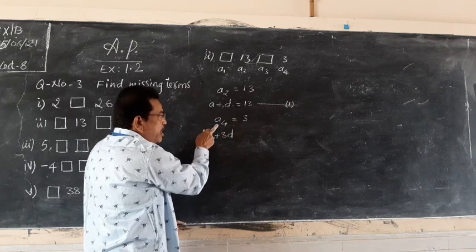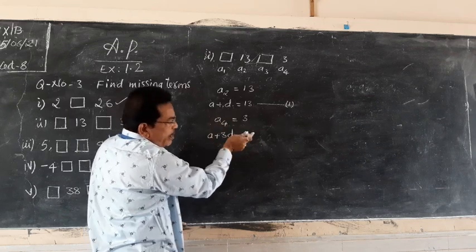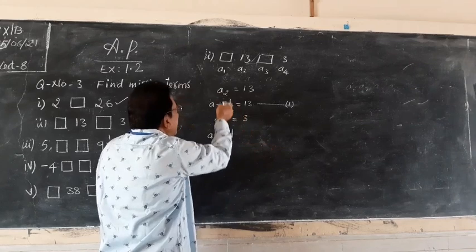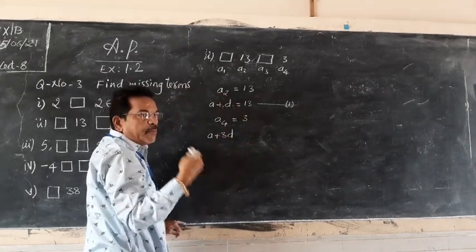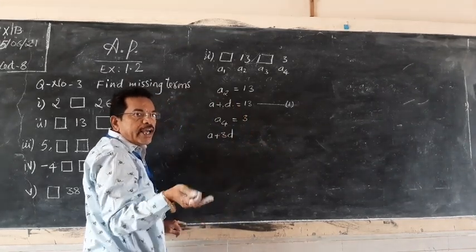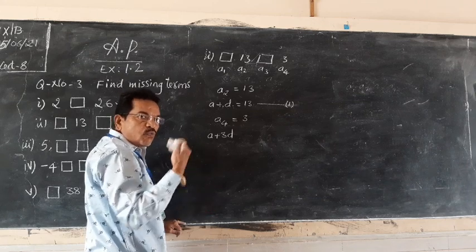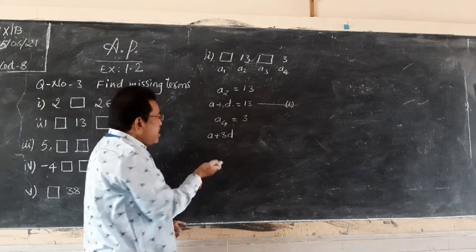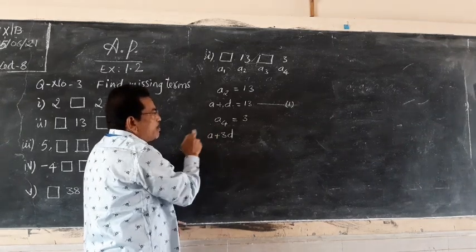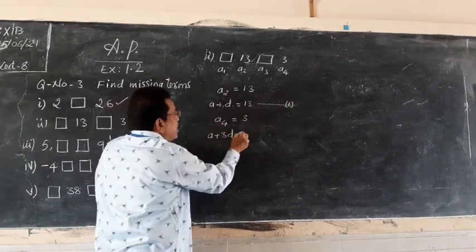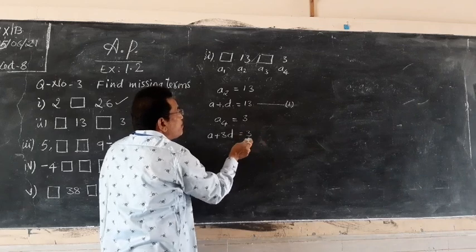Just learn the meaning of A1, A2, A3: A3 is A plus 2D, A5 is A plus 4D. Let us subtract 1 from the term number, fourth term is 3D. A plus 3D equals 3.